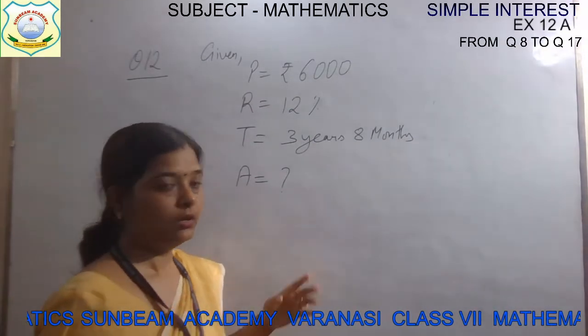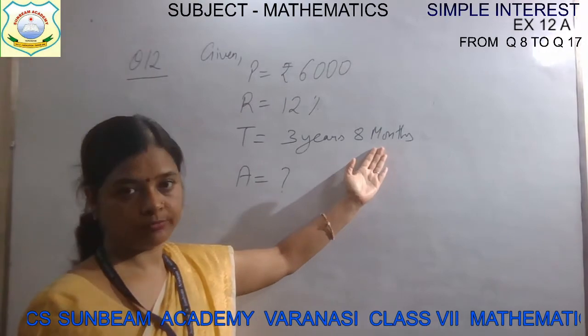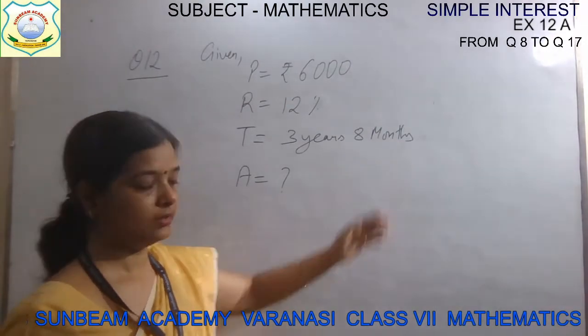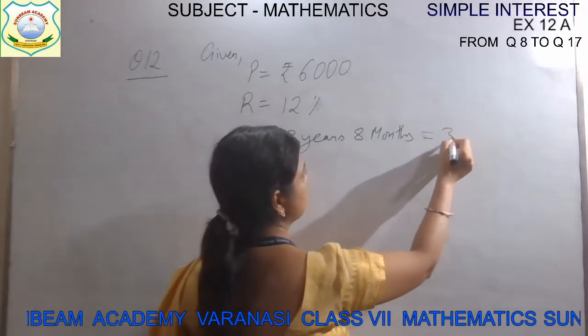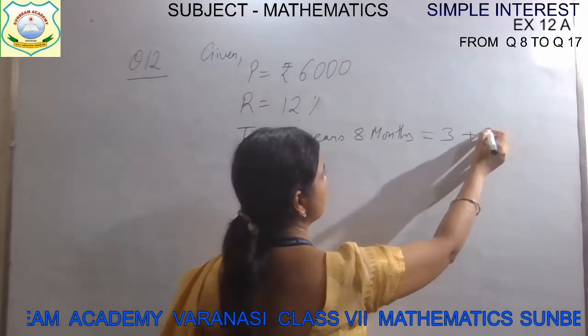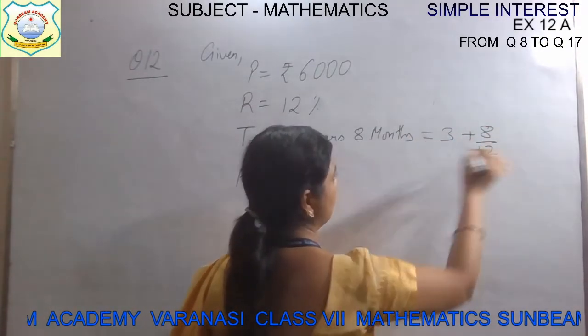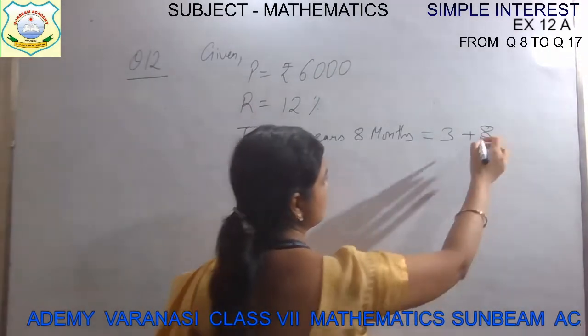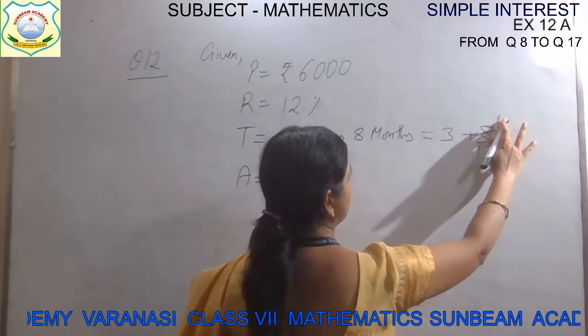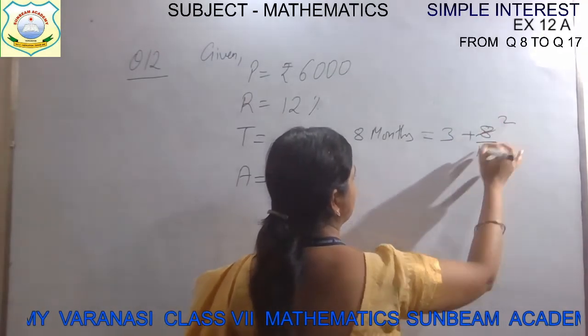Now it is in months, children, so we have to convert it into years. How can you convert this into years? We can write it as 3 years plus 8 months, meaning 8 by 12.